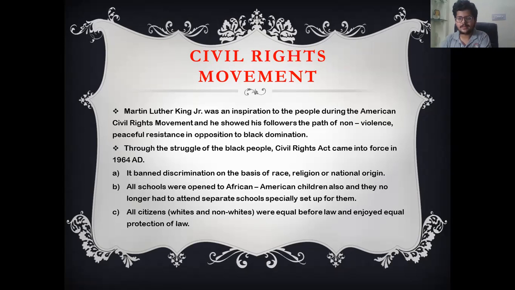When this act abolished that, the common schools were open for everybody, so African American children were also given the right to be educated in those schools.